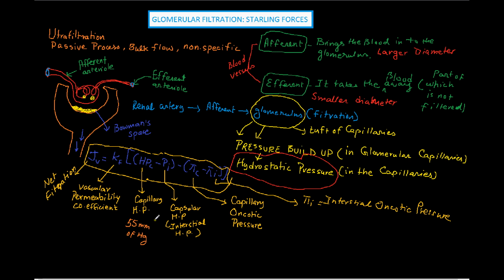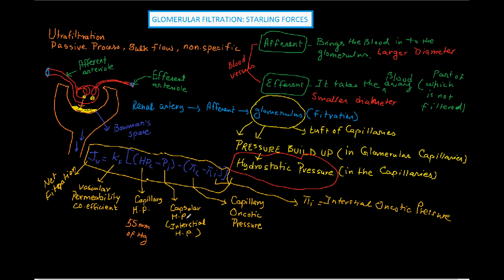That's the hydrostatic pressure in the capillary, the pressure buildup, because the blood is going in a large volume from the afferent arteriole to the capillaries, and then it's not able to escape quickly, so there is a pressure buildup. And that pressure is driving the fluid down. So that's the capillary pressure.